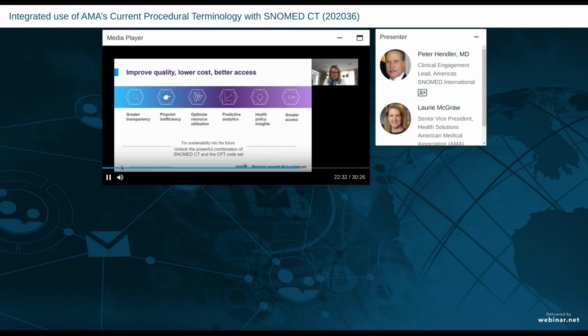And they can help you plan more effectively for the future, whether that's hiring new types of specialists, implementing new types of digital therapies or digital medicine or advanced analytics or AI. SNOMED with CPT can help you make those decisions. Ultimately, SNOMED and CPT supports improving outcomes, lowering costs, and providing better access for your patients to care.